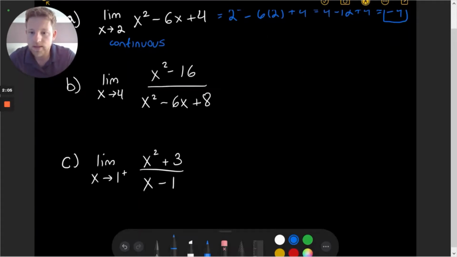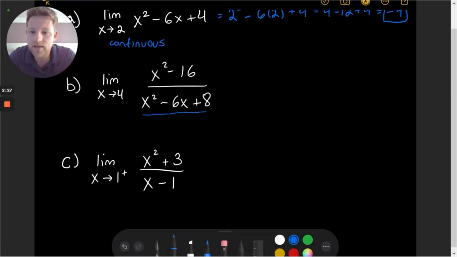And you'll see that if we just evaluate this at 4, the denominator will actually be equal to 0. That'll be 16 minus 24 plus 8, which is 0. And we can't divide by 0, so we have a problem with that rational denominator.